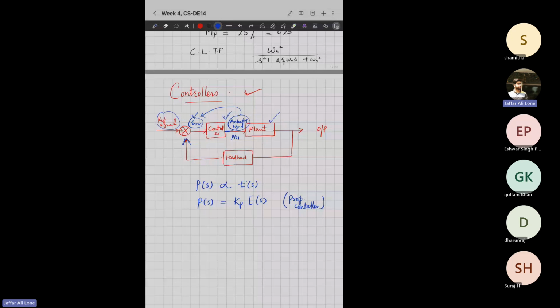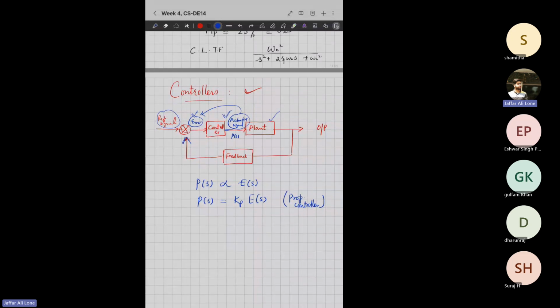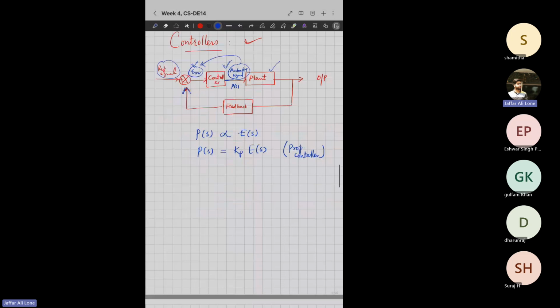The professor must have taught you. So if you have not seen the lectures, not seen the notes, please do. The professor must have explained in detail what is the function of proportional controller, when we want our steady state error to be zero or close to zero, should we use proportional controller or integral controller or a combination of proportional integral controller, etc. There are pros and cons of all of these controllers.